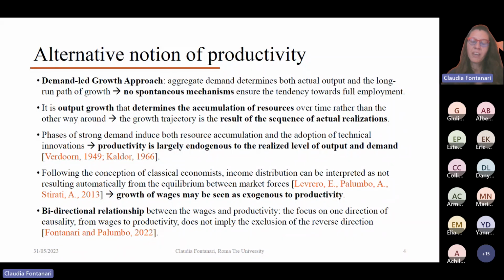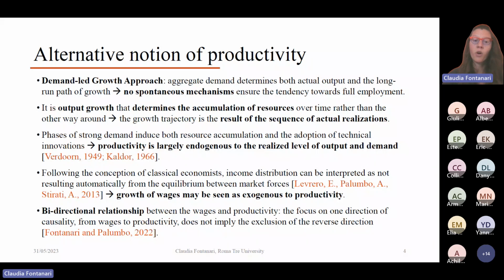Having in mind this theory of growth, in which there are no spontaneous mechanisms that ensure the tendency toward full employment, and following the conception of classical economists such as Marx, Smith, and Ricardo, we can interpret income distribution as not resulting automatically from the equilibrium between forces, but instead as determined by social and institutional factors.